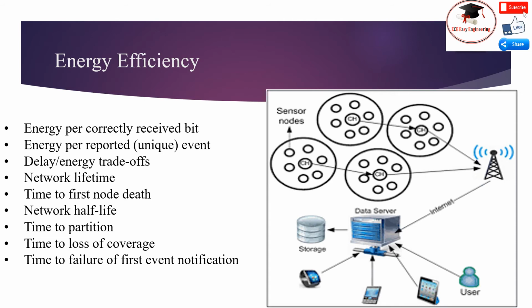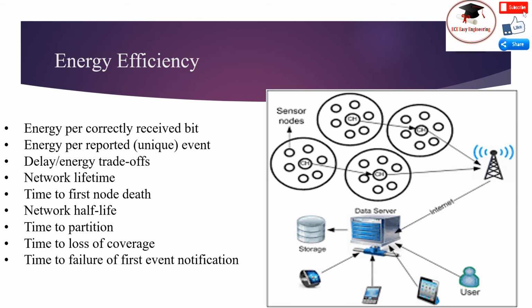Energy per reported event is the energy spent to report one event. Delay or energy trade-off: for urgent events, one increases the energy investment for speedy reporting of the event. Here, the trade-off between delay and energy overhead is interesting.